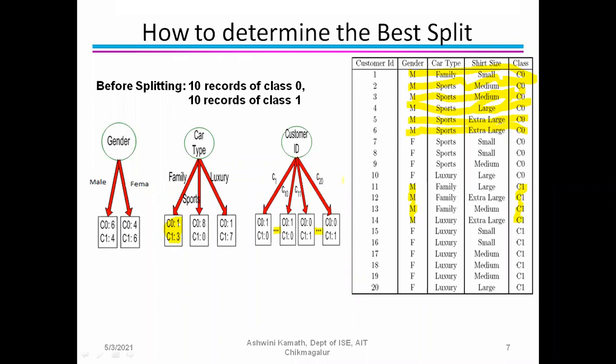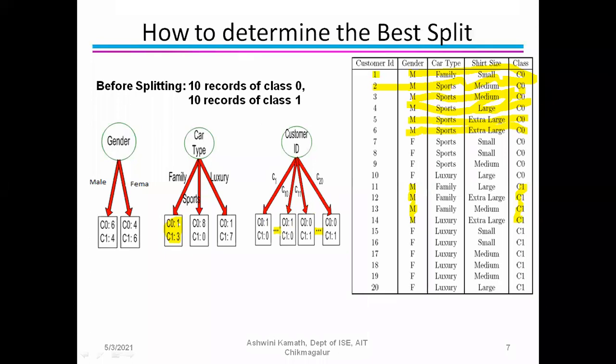If I write for customer ID 1, the C0 value is 1 and C1 is 0. Then for customer ID 2, again C0 is equal to 1 and C1 is equal to 0. I hope you are getting the concept. Similarly, this is written for all the 20 values.